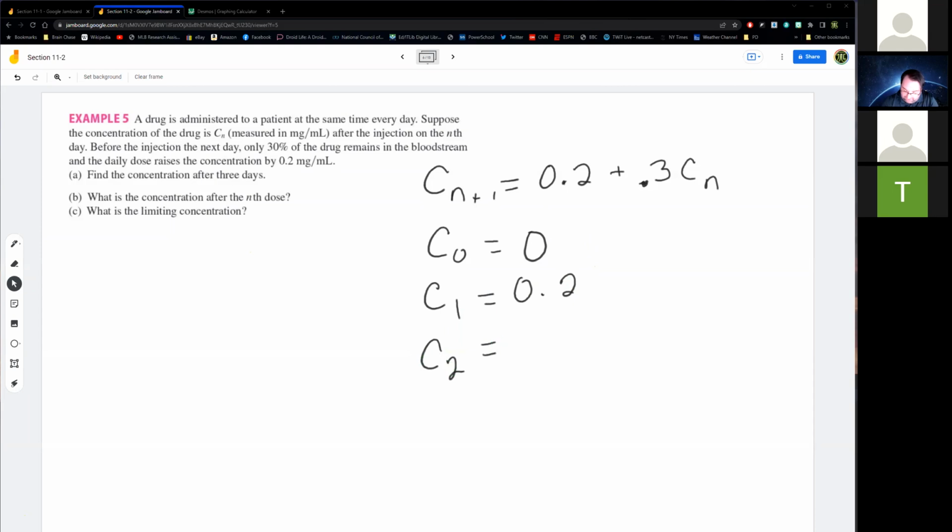Day 2, you have 0.2 plus 0.3 of C1, which is 0.2. Does everybody see where that's coming from?